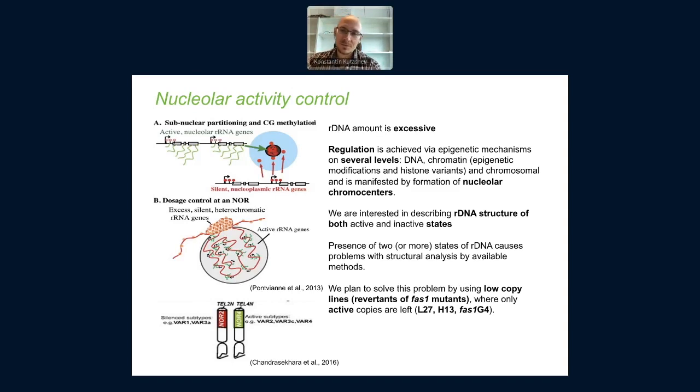And we were aiming in our study to understand how the active and inactive copies are recognized or distinguished. So we planned to circumvent this problem of repetitiveness by using low copy lines that were previously obtained in our laboratory, where only active copies of rDNA are left.